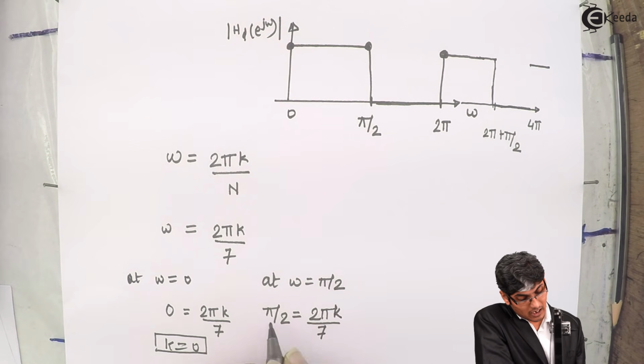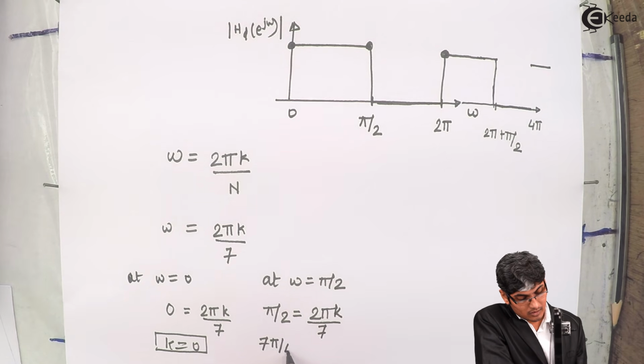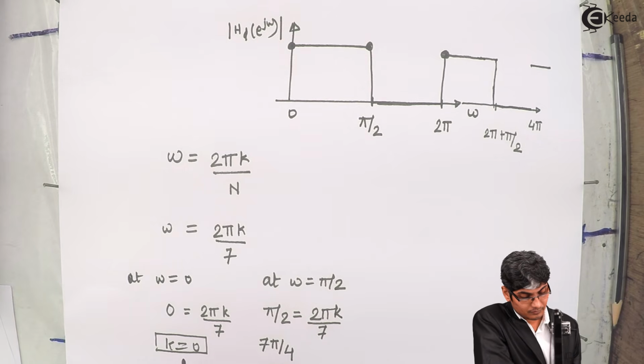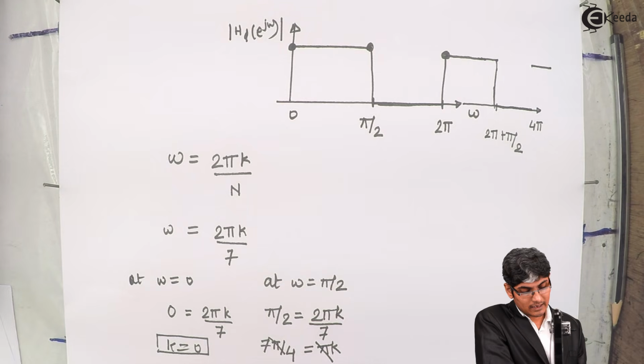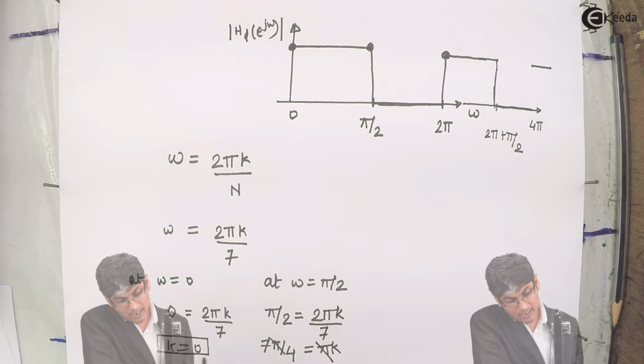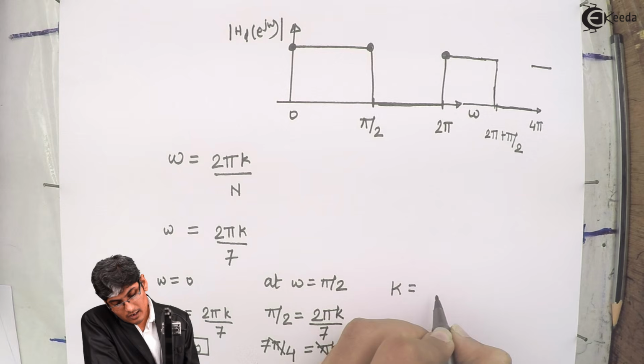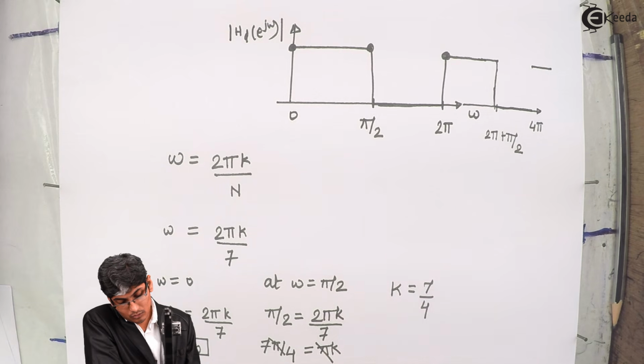If I take it up, then it becomes 7 pi by 4 equals pi k, right? 7 will go up, 2 will come down, and then here pi k. So pi will get cancelled, and you will get the value of k as equal to 7 by 4.